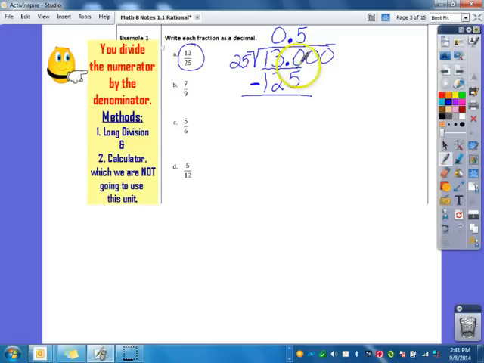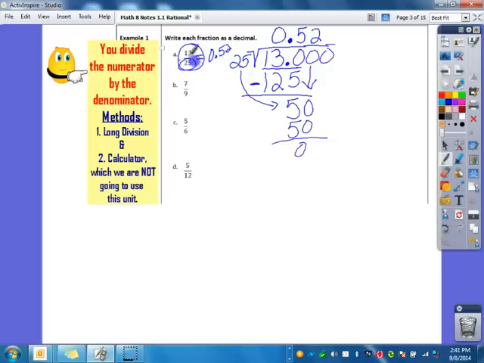Subtract, 130 minus 125 is 5. Bring down a 0. Now 25 goes into 50 twice. 2 times 25 is 50, and we get 0. So our answer, 13/25 as a decimal equals 0.52, and we say 52 hundredths.